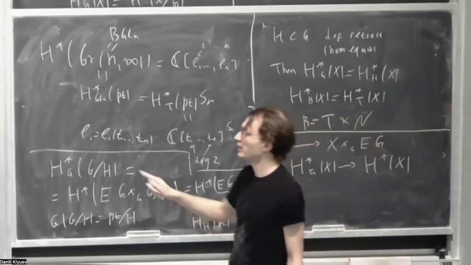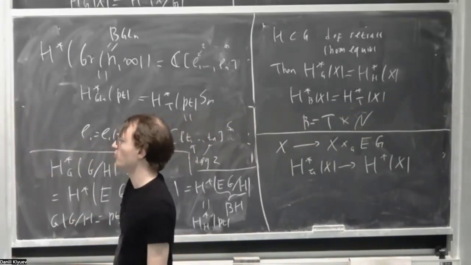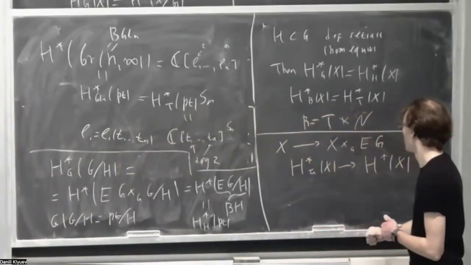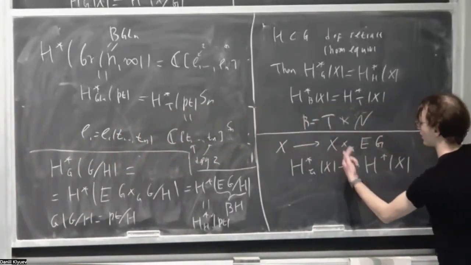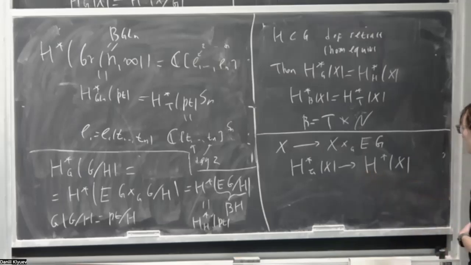And here in this example of CP^(n-1), it just sends all the T_i to 0, so nothing remains.